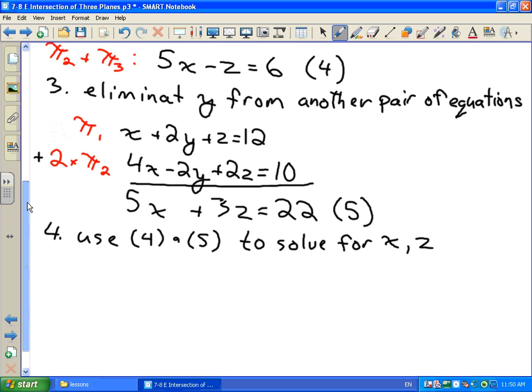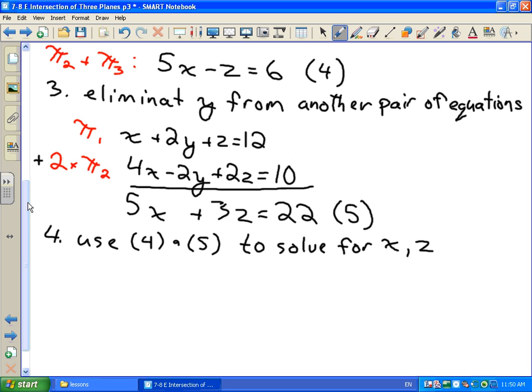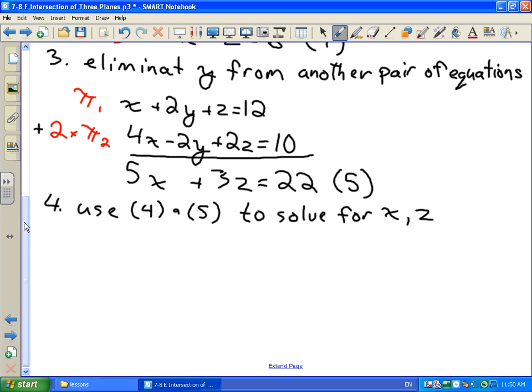Now let's look at these two equations here. It's going to be relatively easy because we just need to subtract those two equations because they both have 5x. So we can eliminate that 5x pretty easily.